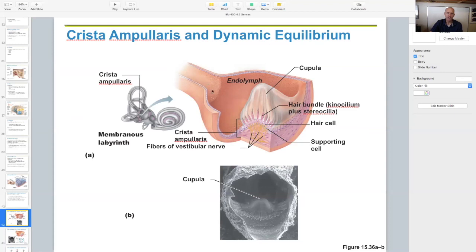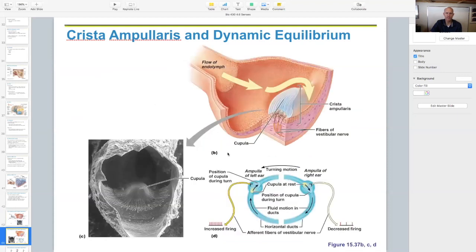And this is all fluid. So now, if I move in a linear way really quick, the fluid doesn't move as fast, and so all of a sudden we'll see the hair move. So say I moved quickly this direction, well, the fluid stays still, and so the hair follicles move the opposite direction on that.